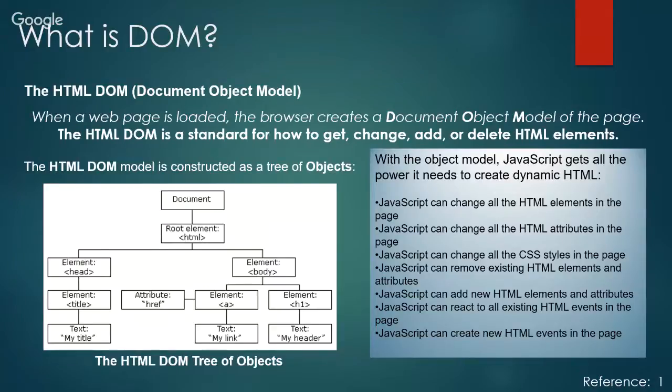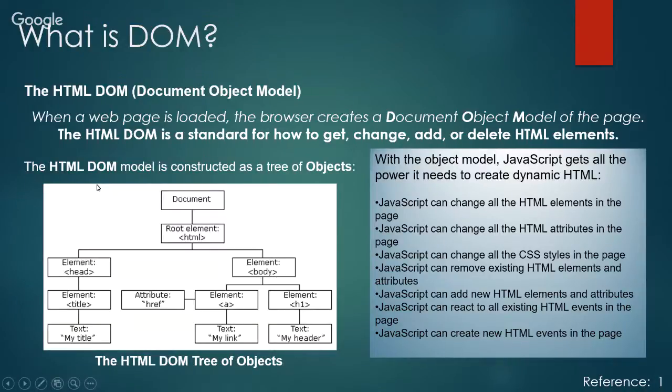And then that is the standard for how to change or manipulate any of the elements within the page. And so you can see a tree of the objects here, basically how everything that's on the page is going to become an object. It's just a roadmap for DOM to use. And this is how JavaScript can change everything on your page.